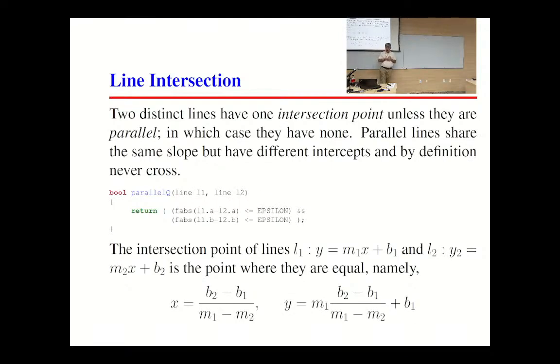What else is there? When you have lines, you worry about the point of intersection. Again, is there a point of intersection? Well, unless the slopes are parallel. If you want to find the point of intersection, which I know you have done in geometry, it's a point that has to be on both lines.